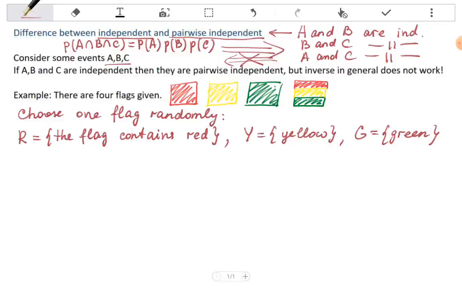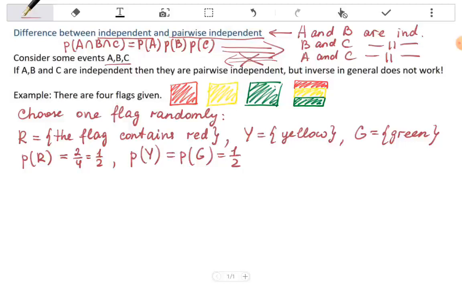So we need, in fact, the probability of R. The flag contains red color. 2 flags out of 4 contain red color. So this is 2 out of 4, which is 1/2. Similarly, all these probabilities are also 1/2.